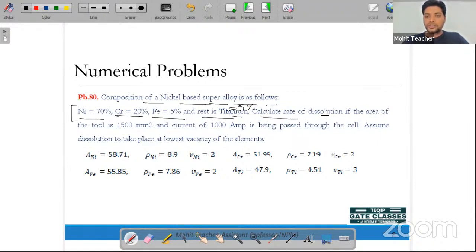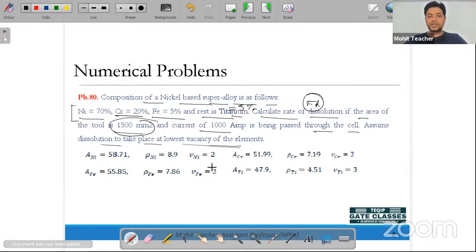Calculate the rate of dissolution, which means we have to calculate the feed rate here. The area of the tool is 1500 mm square, so the surface area is given to you. A current of 1000 ampere, meaning the value of I is given to you, is passed through the cell. Assume dissolution takes place at the lowest valency of the element.